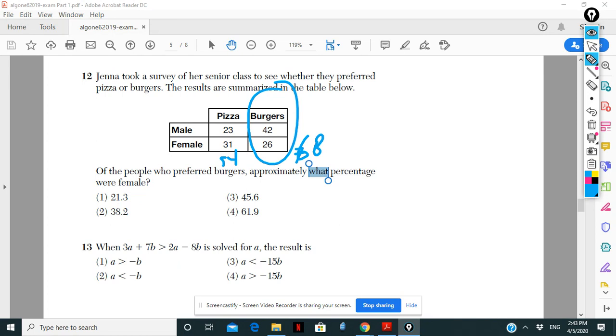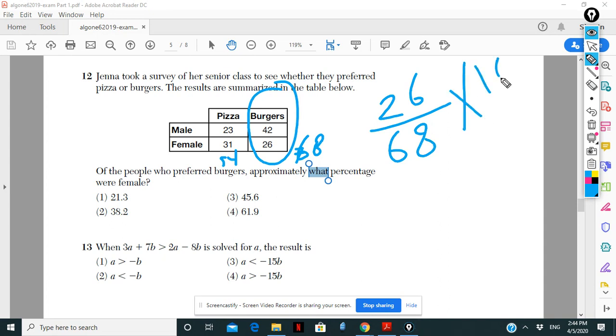From people who preferred burgers, approximately what is the percentage of female? So the percentage is 26 over 68, and after that you multiply it by 100. And if you did this calculation, the answer is going to be almost 38.